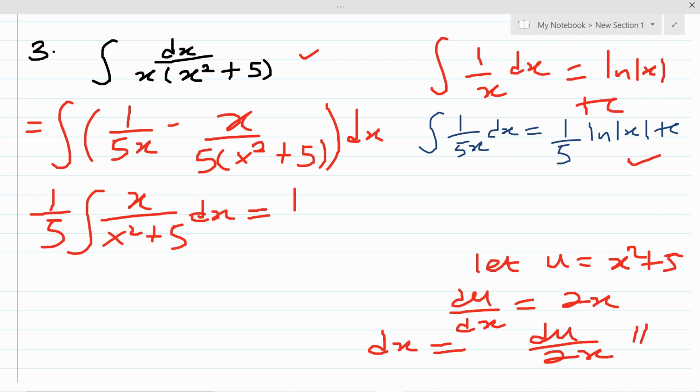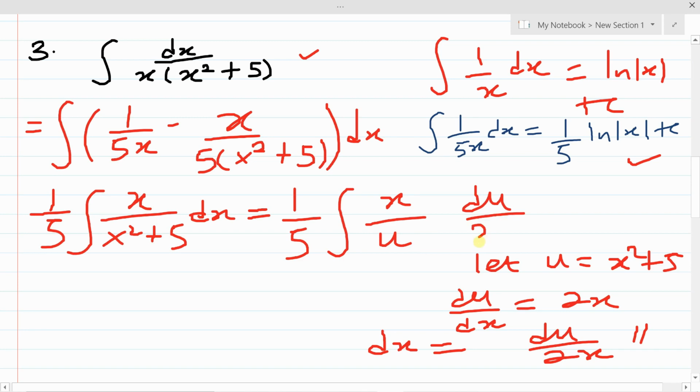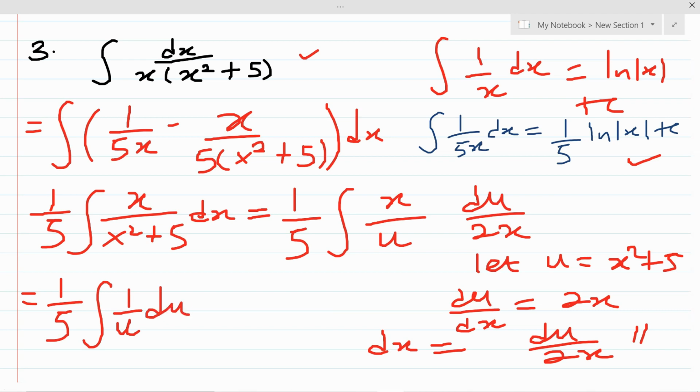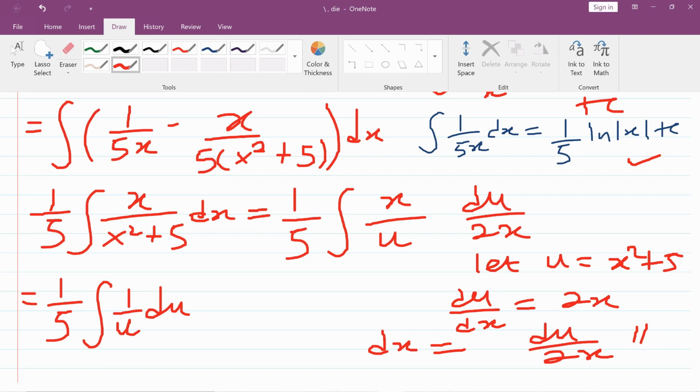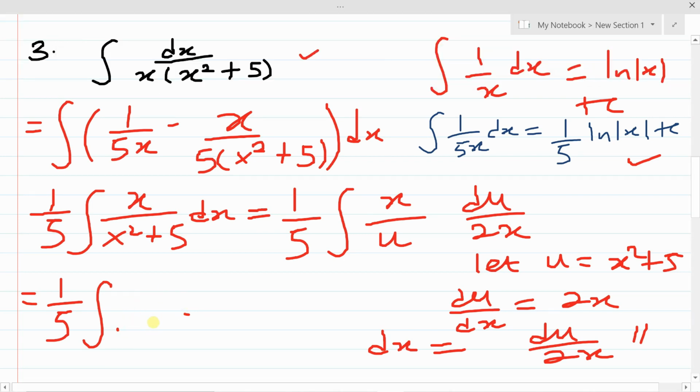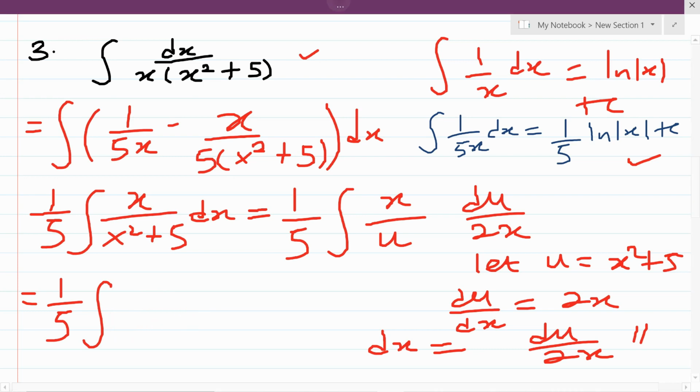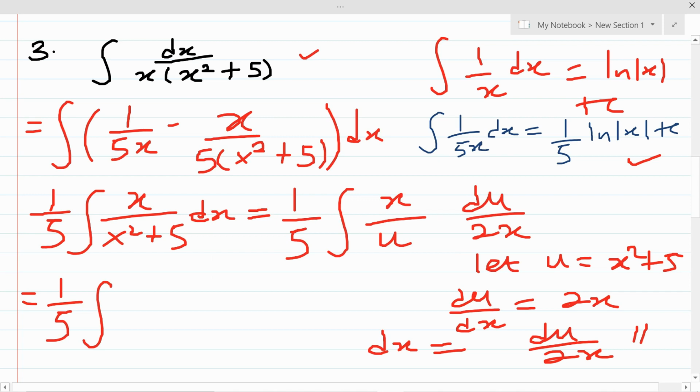Now this is equal to 1 over 5, then the integral of x over u, then du over 2x, right, from what we defined for dx. Now the whole of this will give us 1 over 5 integral of 1 over u du. Why? Because 1 over 2u du, this x can take this x out and it will be done.